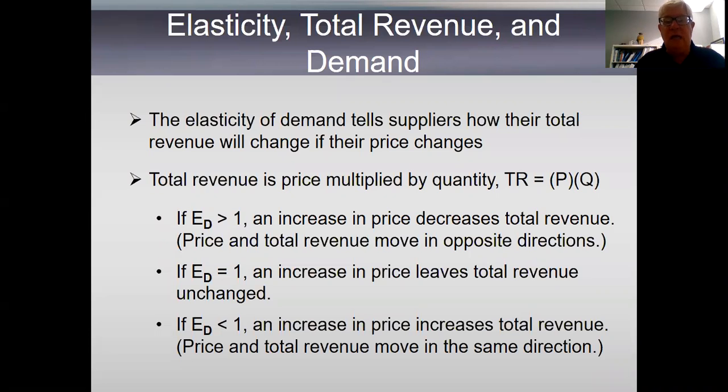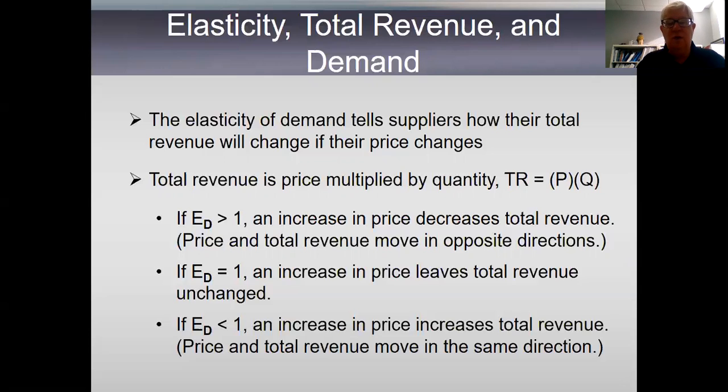If the good is elastic, in other words, elasticity of demand is greater than 1, an increase in the price will decrease total revenue. If it's equal to 1, unit elastic, it has no effect on total revenue. And if it is less than 1 or inelastic, an increase in price increases total revenue.